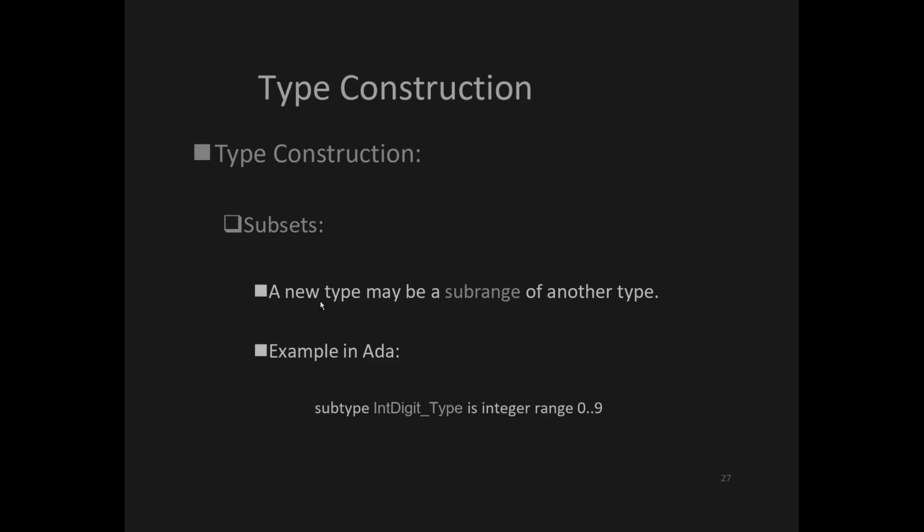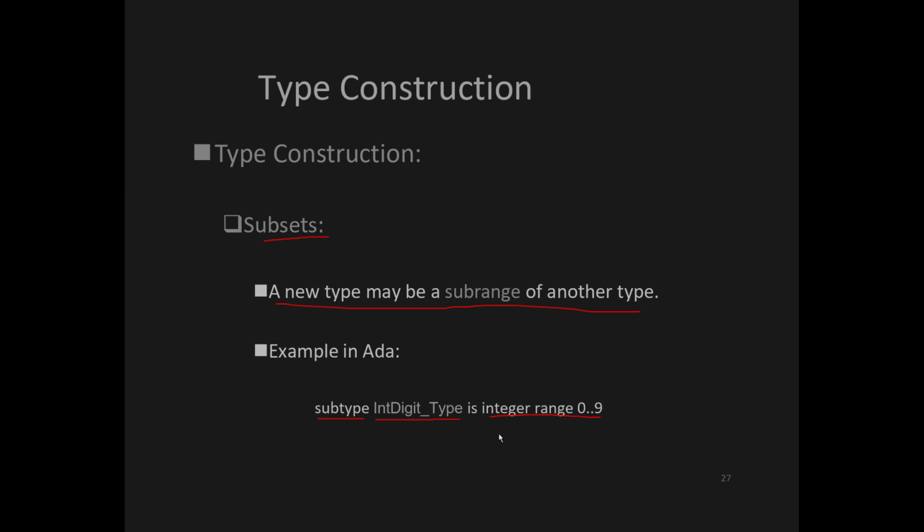You might end up seeing unions in the compiler design course if you've not taken that yet, so keep those in mind. Anyways, subsets. A new type may be a subrange of another type. An example, subtype integer type is integer range 0 to 9.